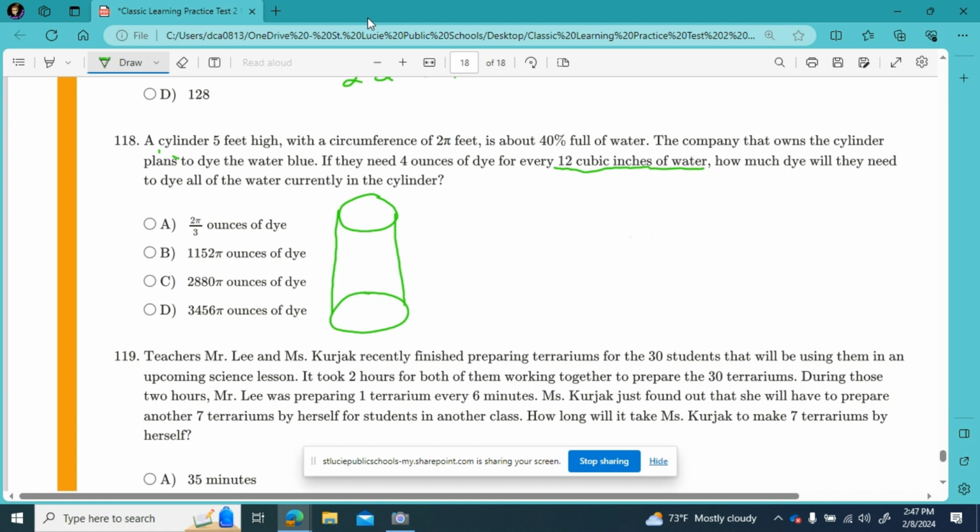I don't want to read this in feet. I'm going to convert my 5 feet to how many inches? There's 12 inches in 1 foot, so 5 feet is 60 inches.